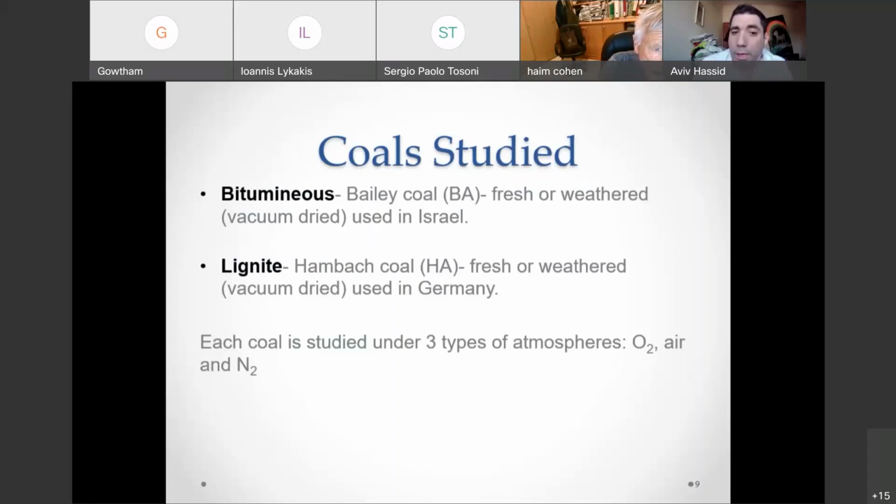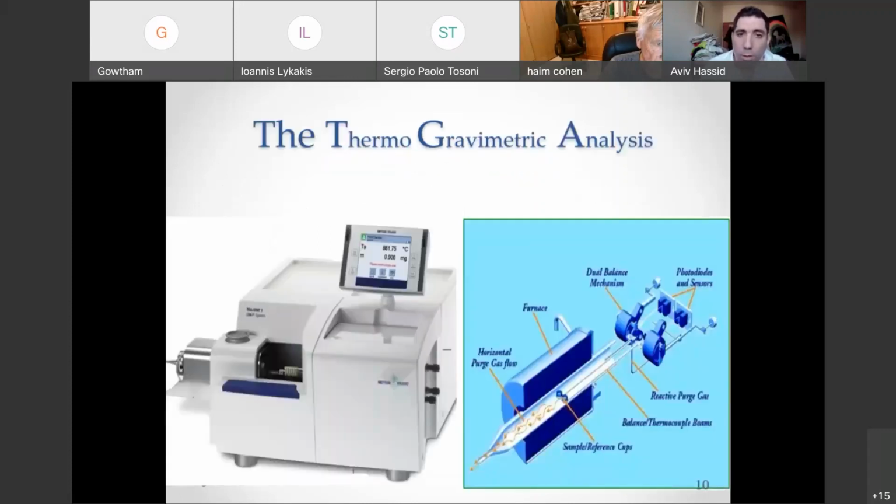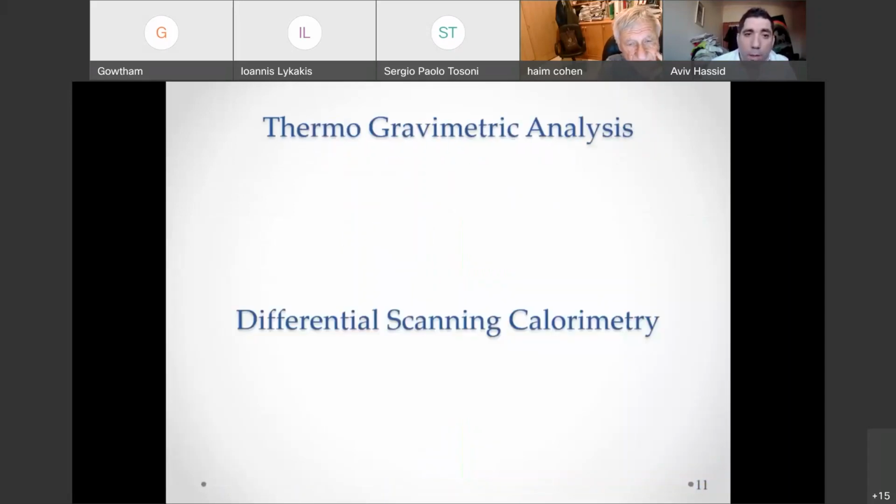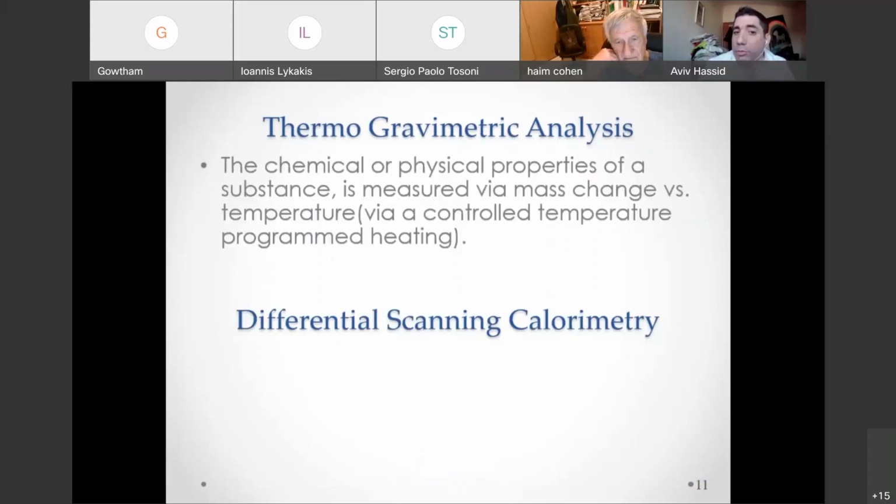And each coal will be studied under 3 types of atmospheres: oxygen, air, and nitrogen. The main tool we use is the thermogravimetric analysis, TGA, and the DSC, differential scanning calorimeter. What is that device? Well, the thermogravimetric analyzer is a device in which the chemical or physical properties of the sample are measured through the mass change versus the temperature.